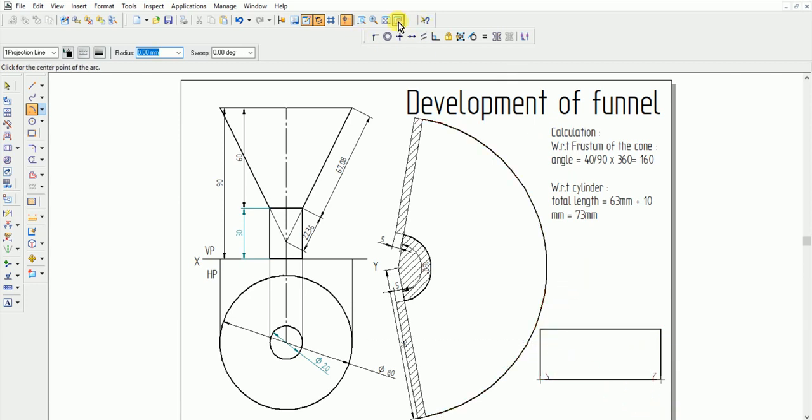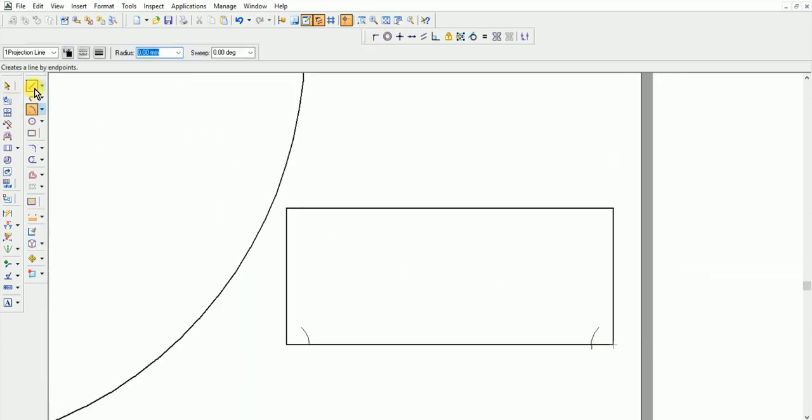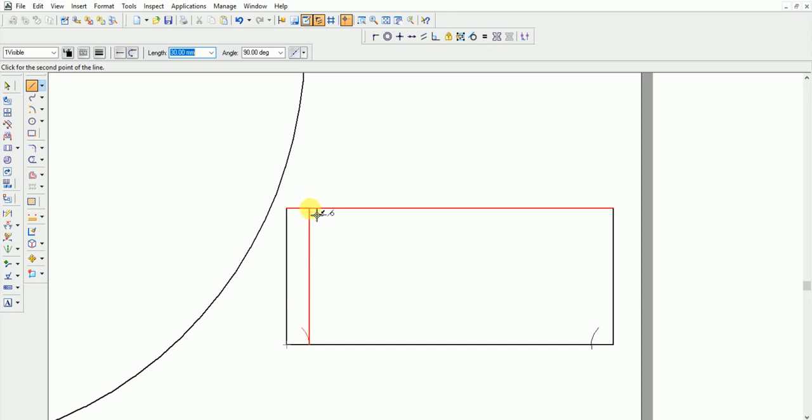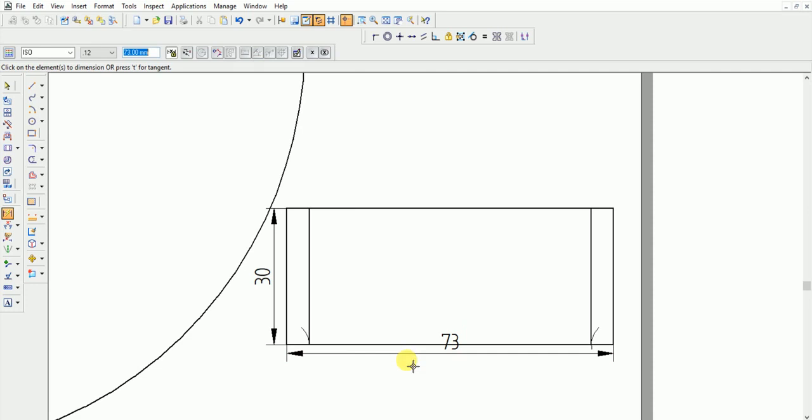Once we are done with it, let me zoom this part. Now using the visible line, let us verify the dimensions of this, and let us fill this part.